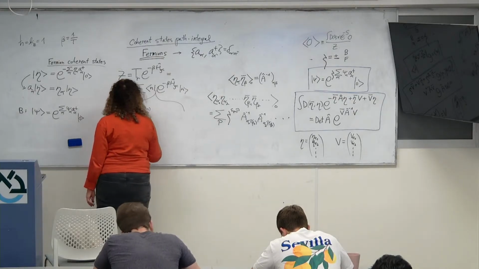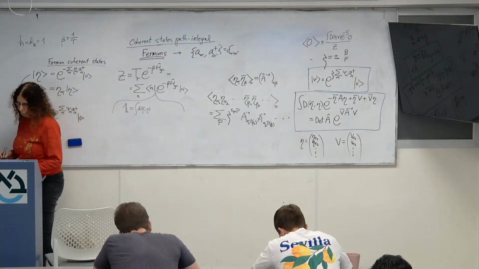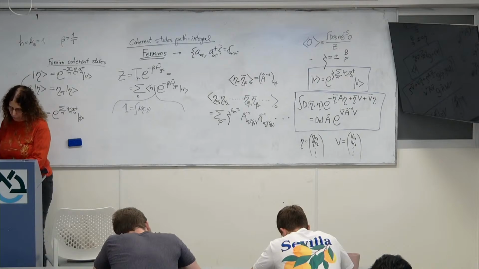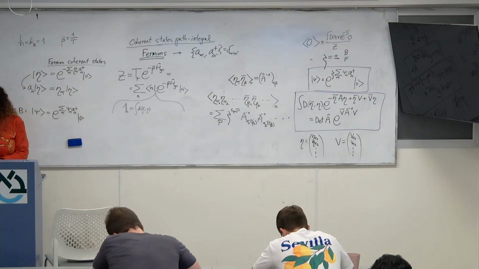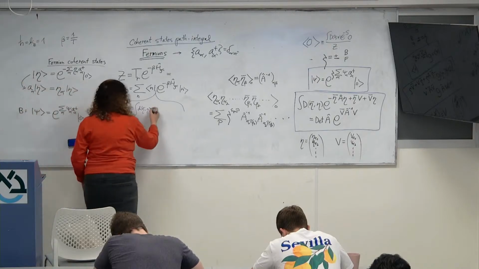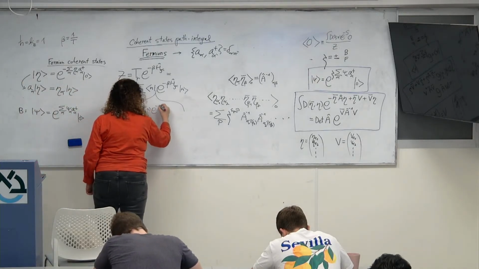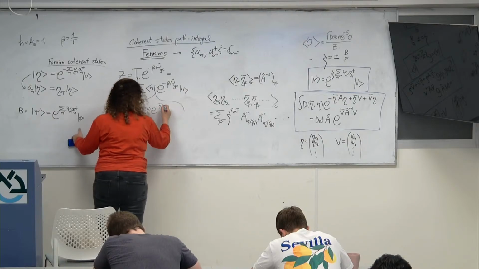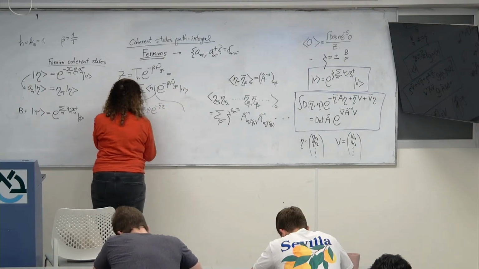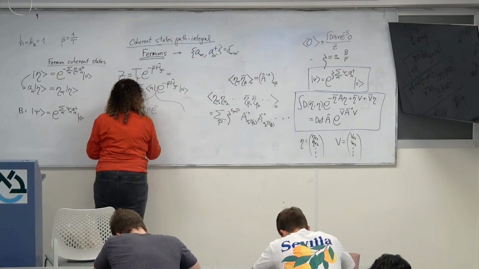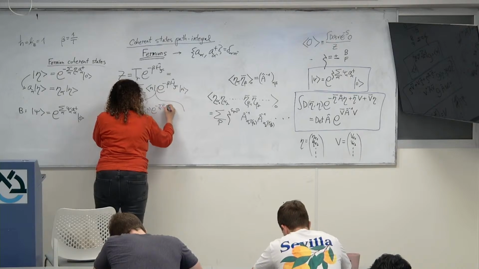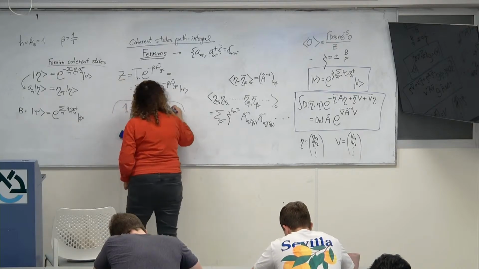yeah, so the resolution of identity is an integral over eta. I want to be a little careful. Yeah, so it's essentially this. Okay, let me write it a little more carefully. So it's a sum over alpha, eta alpha times.